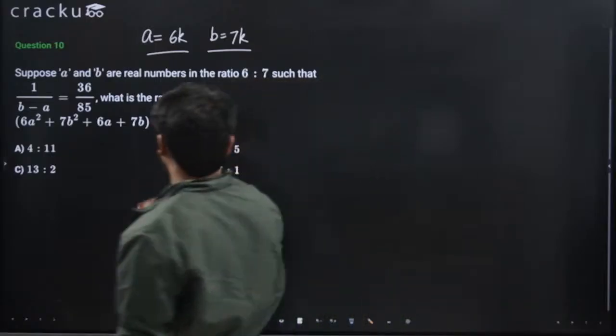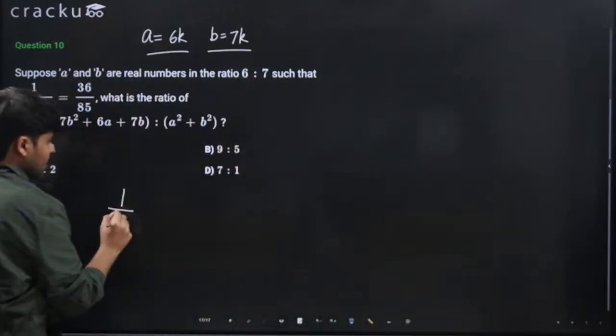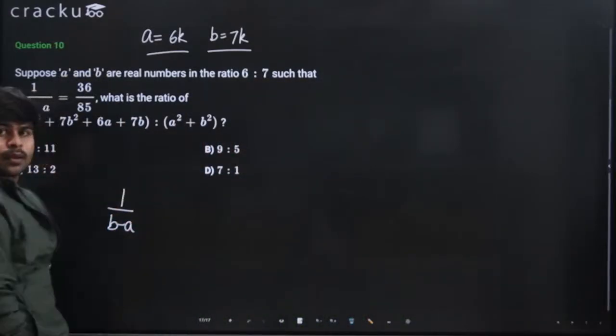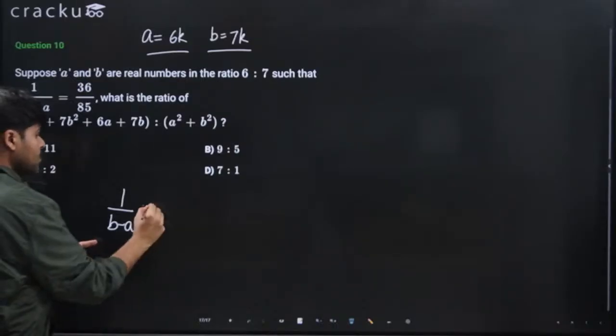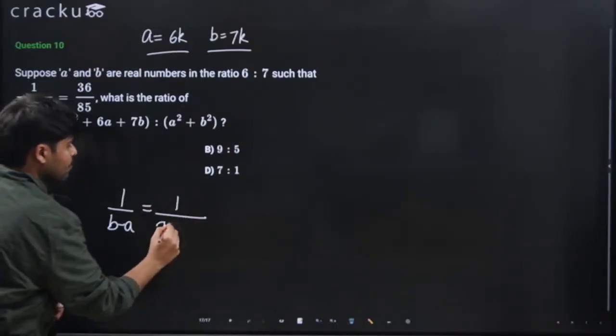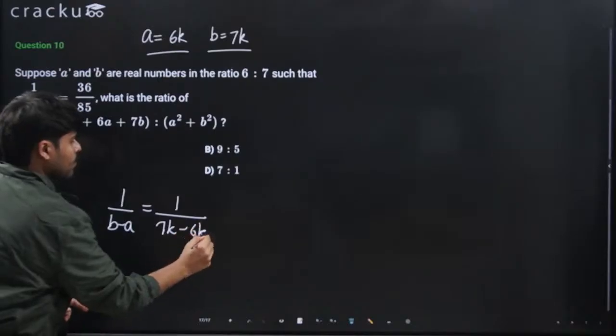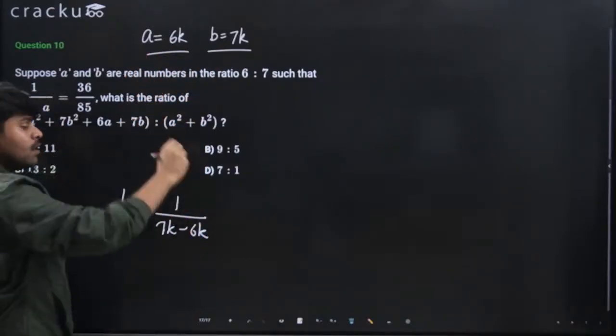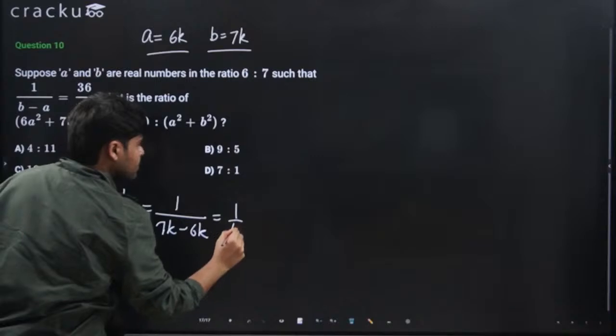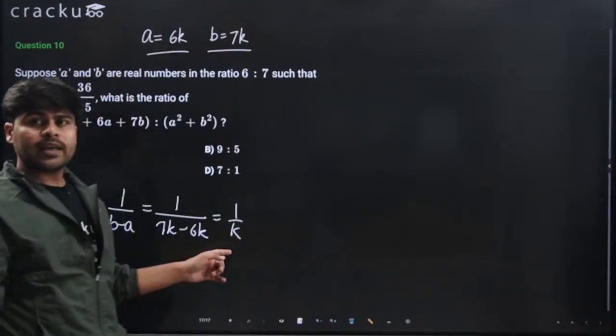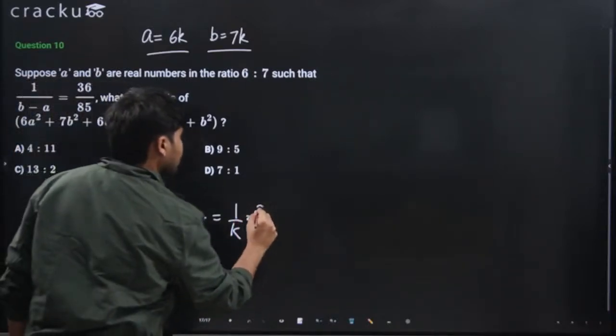What is 1 upon B minus A? 1 upon B minus A is equal to 1 upon 7k minus 6k. 7k minus 6k is nothing but 1 upon k. So 1 upon k is given as 36 upon 85.